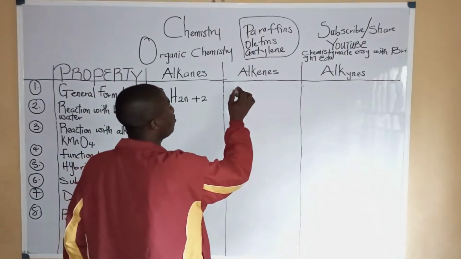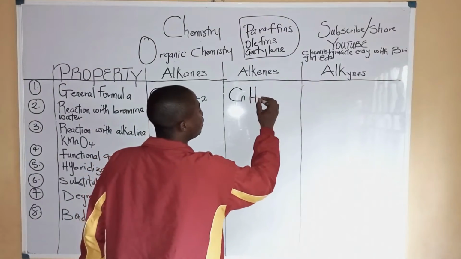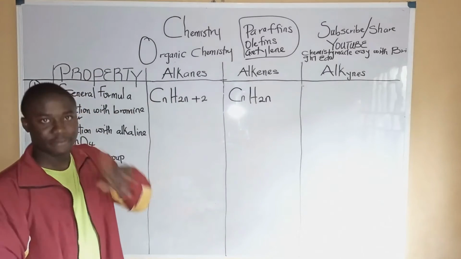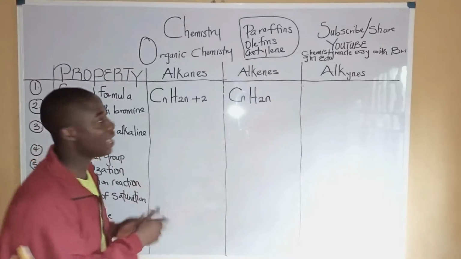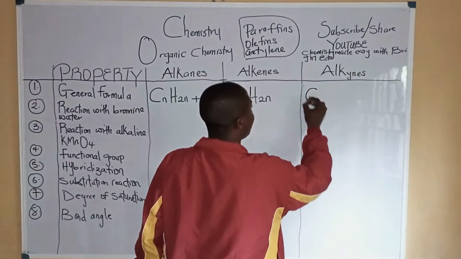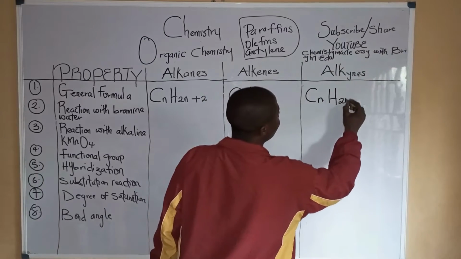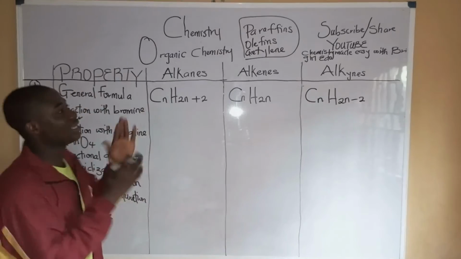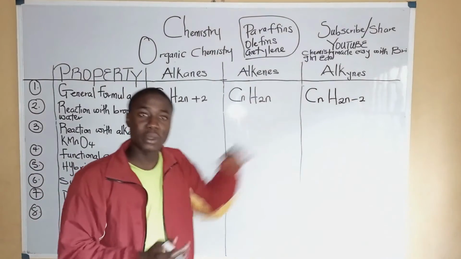The general formula for alkene is simply CnH2n. What is the general formula for alkynes? The general formula for alkyne is simply CnH2n-2. These are the general formulas for alkanes, alkenes, and alkynes.